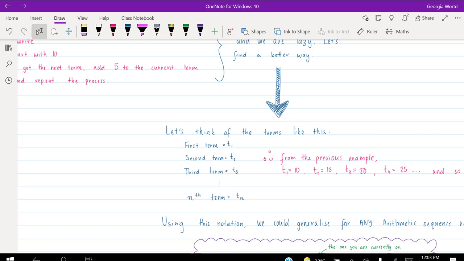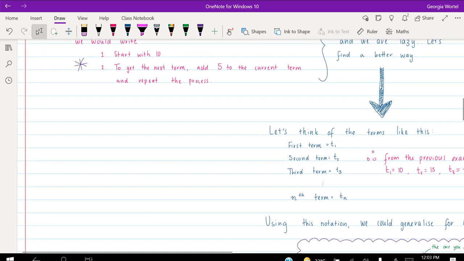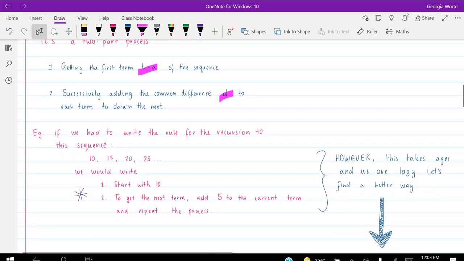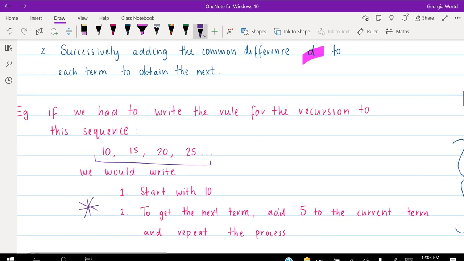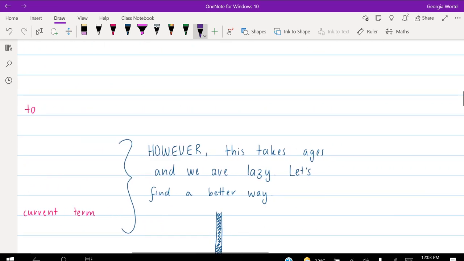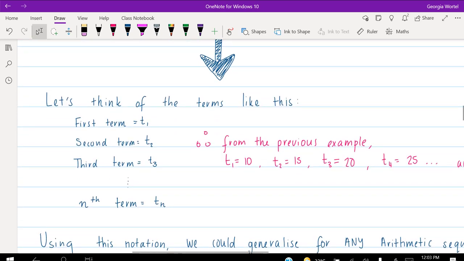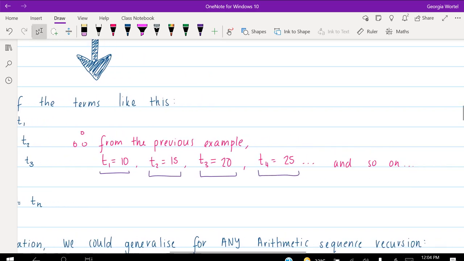So from the previous example, 10, 15, 20, 25, our first term, our T1, is 10. Our T2 is 15. T3 is 20. T4 is 25, and so on.